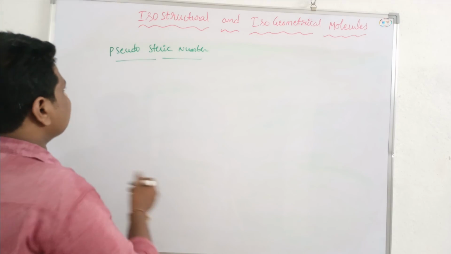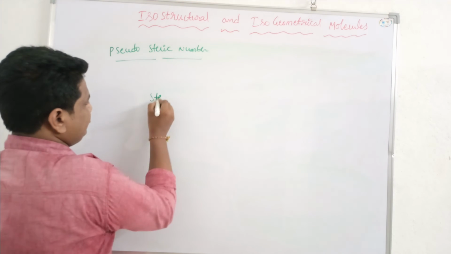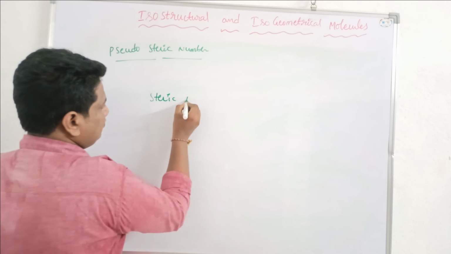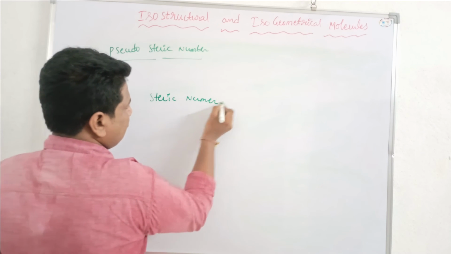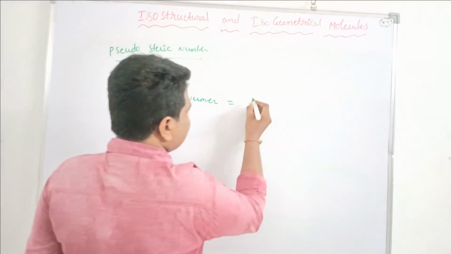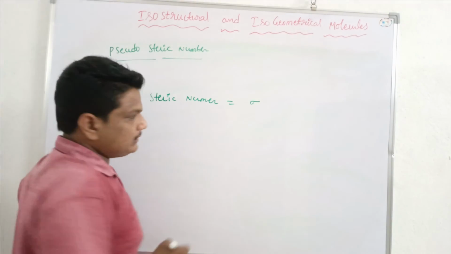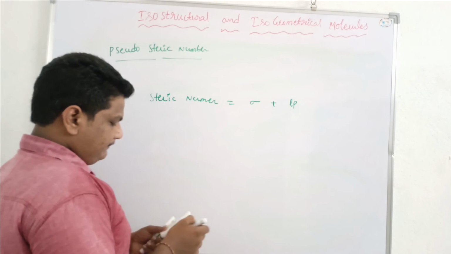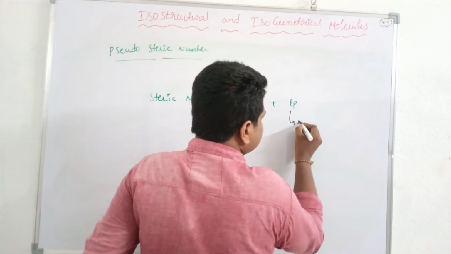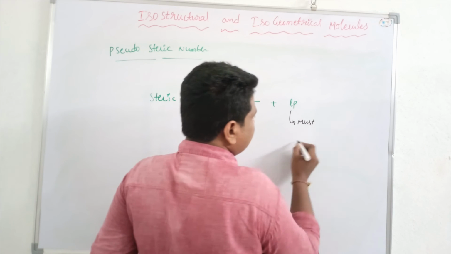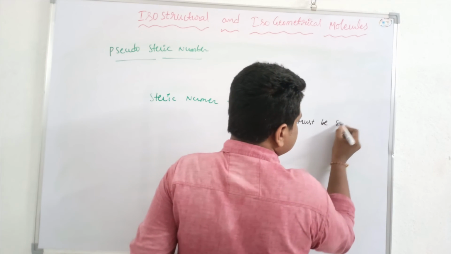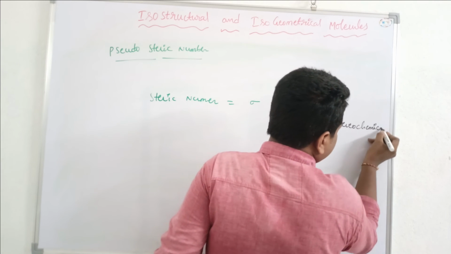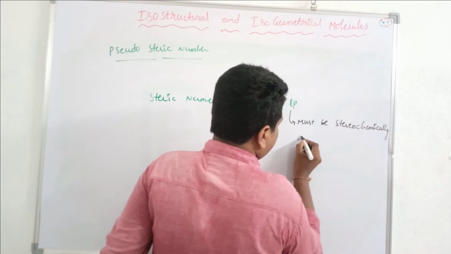In the calculation of steric number, we can consider only the number of sigma bonds and lone pairs. This lone pair must be stereochemically active.